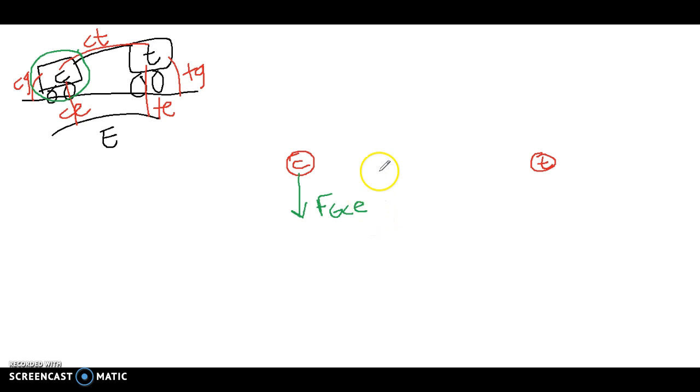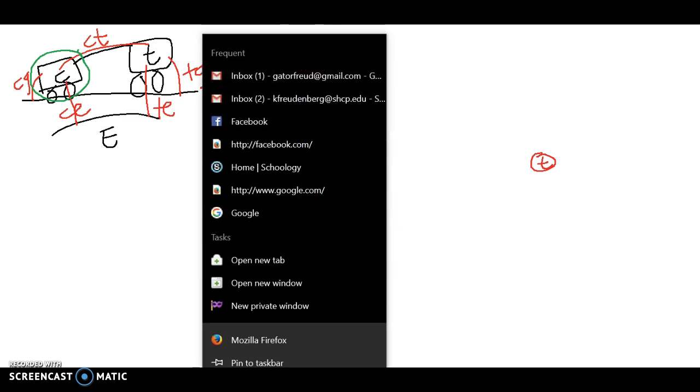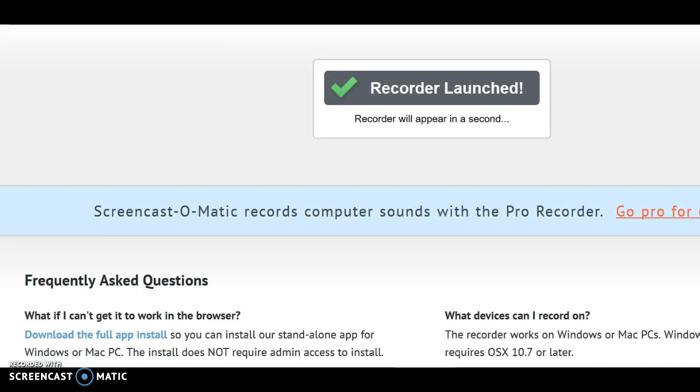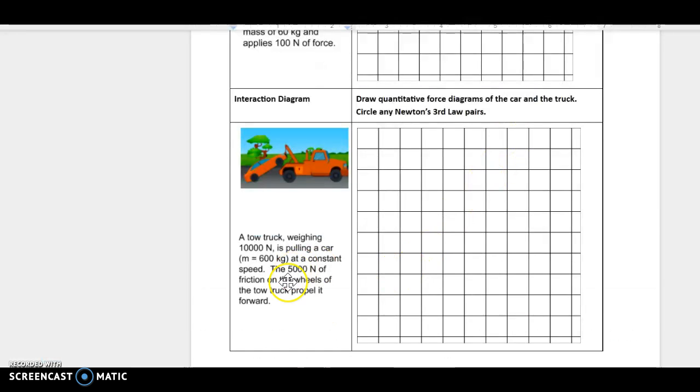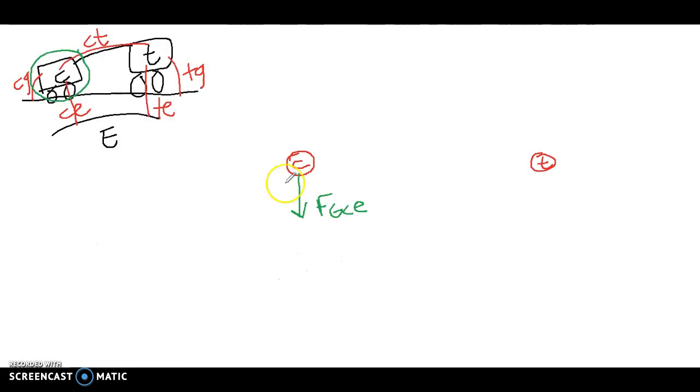In the problem statement, the mass of the car was 600 kilograms, so I multiply by 10 newtons per kilogram to find the weight is 6,000 newtons.